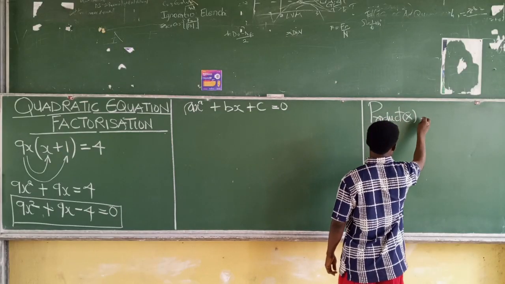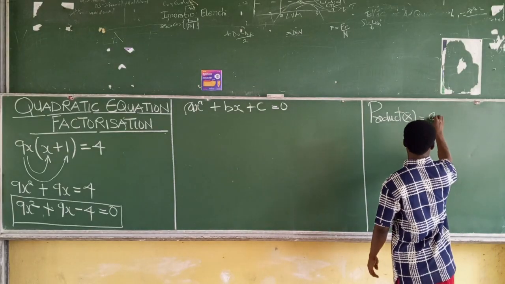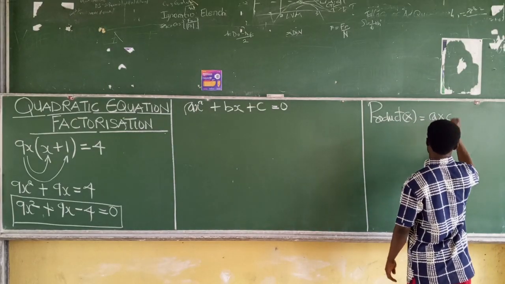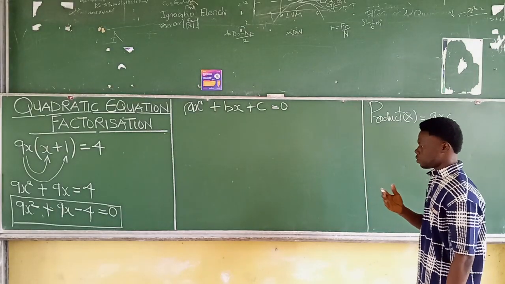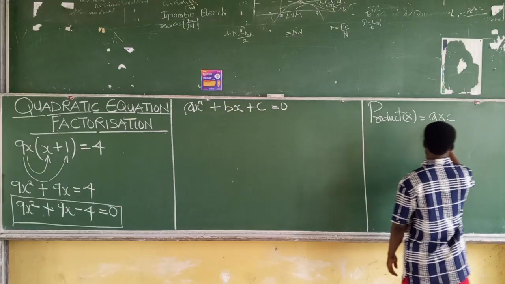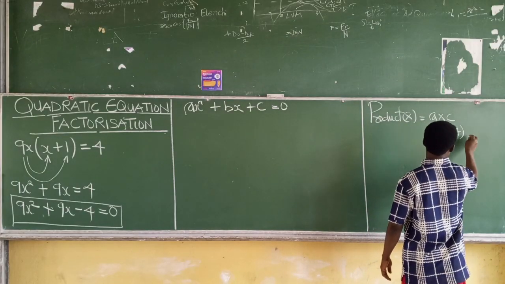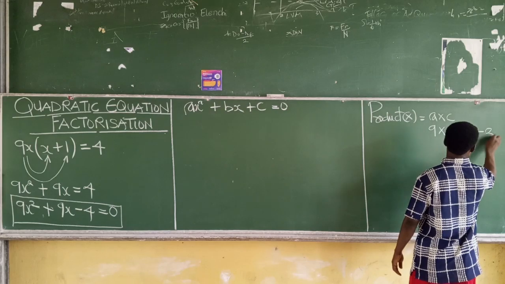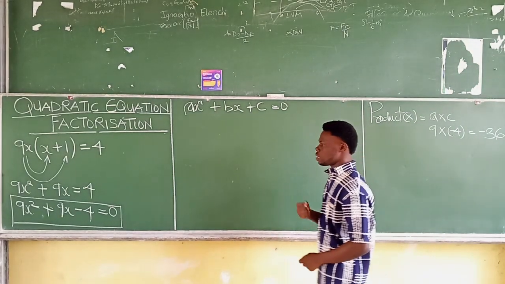The product is obtained by multiplying a by c. And a on the board is 9, c on the board is negative 4. So we have 9 times minus 4, which gives minus 36.